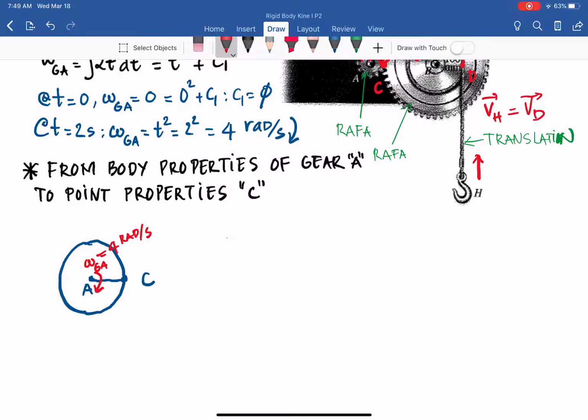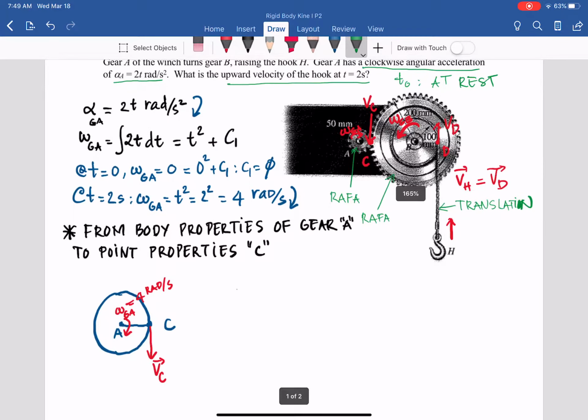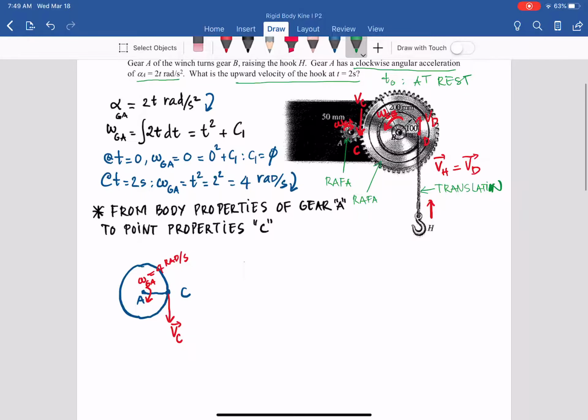And when it's 4 radians per second, as you can see, it has to be consistent with the velocity VC going down. And then the radius AC, if they give us here, should be 50 millimeter. So let's write down separately here, C relative to A is 50 millimeter.